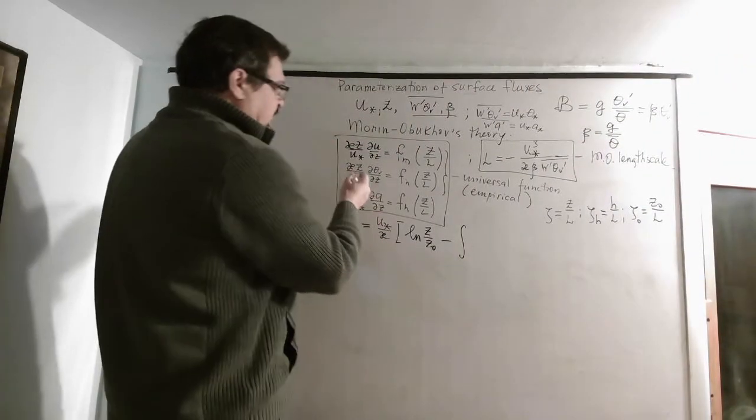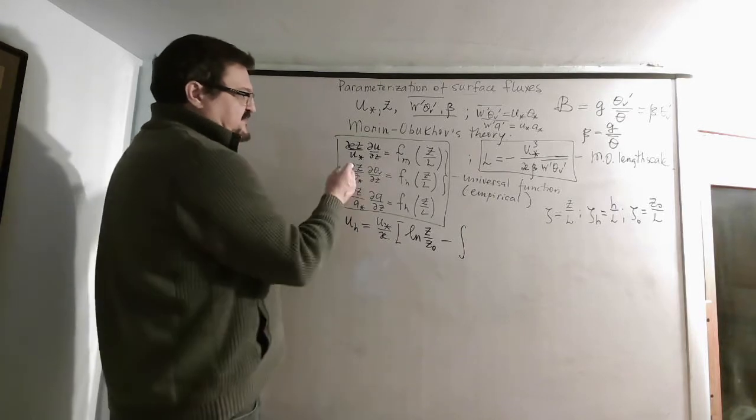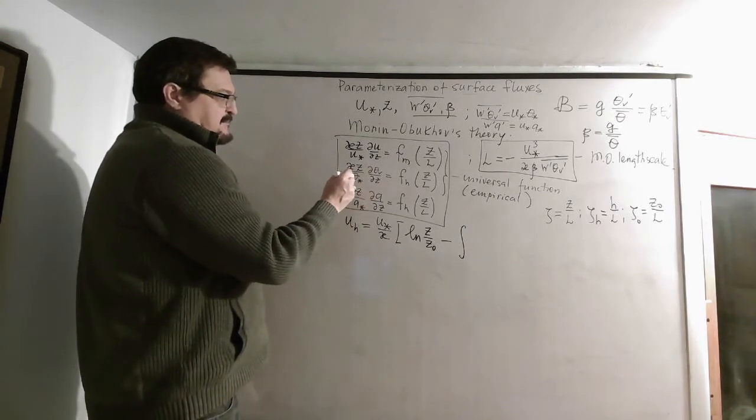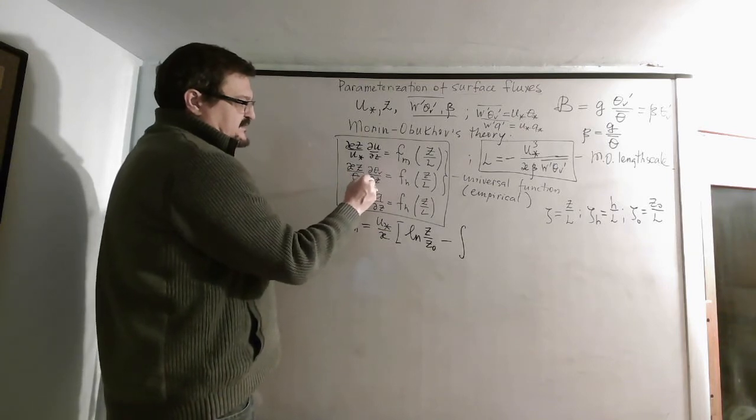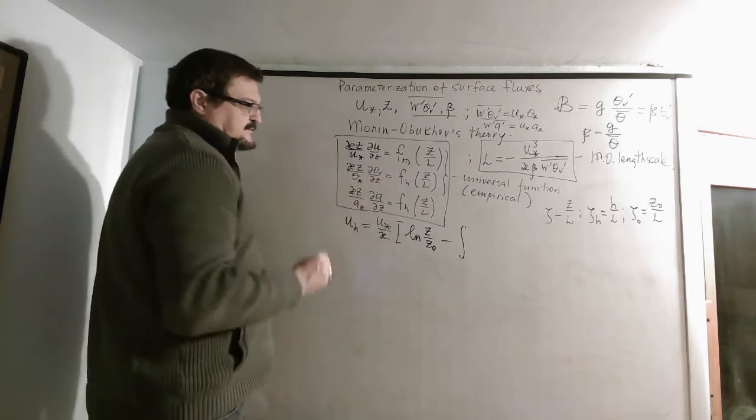So obviously we can easily go from z to eta by dividing by L and multiplying by L. So instead of z we will have eta here.